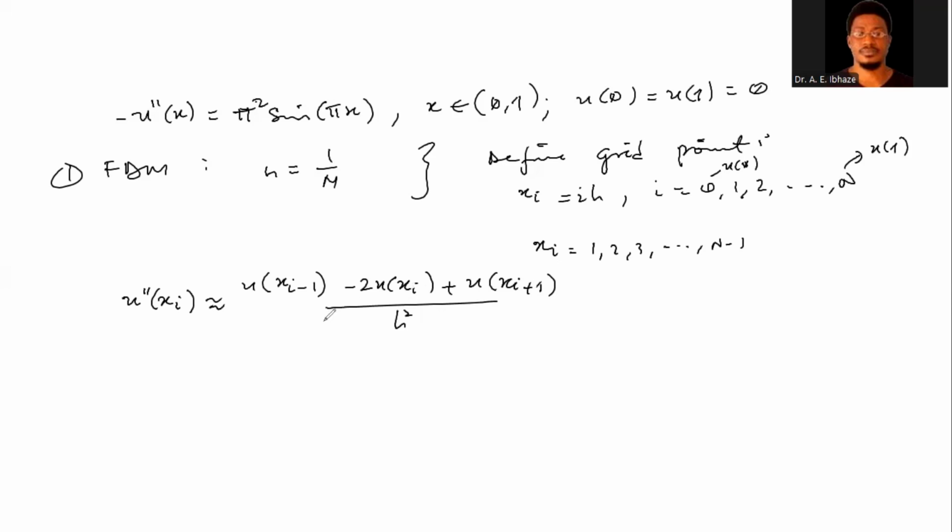But in our case, we want to replace this by the negative, so this would be the same as pi squared sine pi x. So this is now going to give us the negative of this expression, so that we'll be able to solve afterwards.